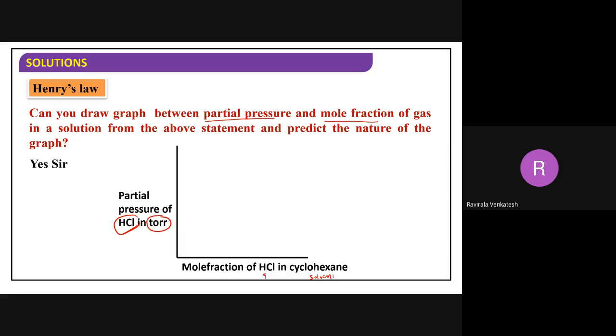HCl is a gas, this is a liquid. Now what about the mole fraction? You see, you got a straight line. As amount of HCl gas is increasing, the partial pressure of the HCl is increasing. As partial pressure of the HCl is increasing, the amount of HCl dissolving in the cyclohexane also increased here.